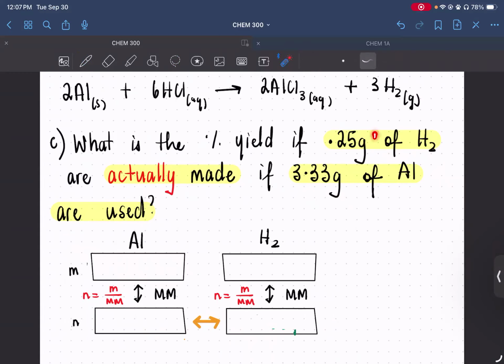Question for the crowd. Am I going to put that 0.25 anywhere in the roadmap? No. Why? It is the actual yield. It is not something we're really concerned with in calculations because it's how much is actually made. So no point at all will that 0.25 appear in the roadmap. 3.33 grams of aluminum.